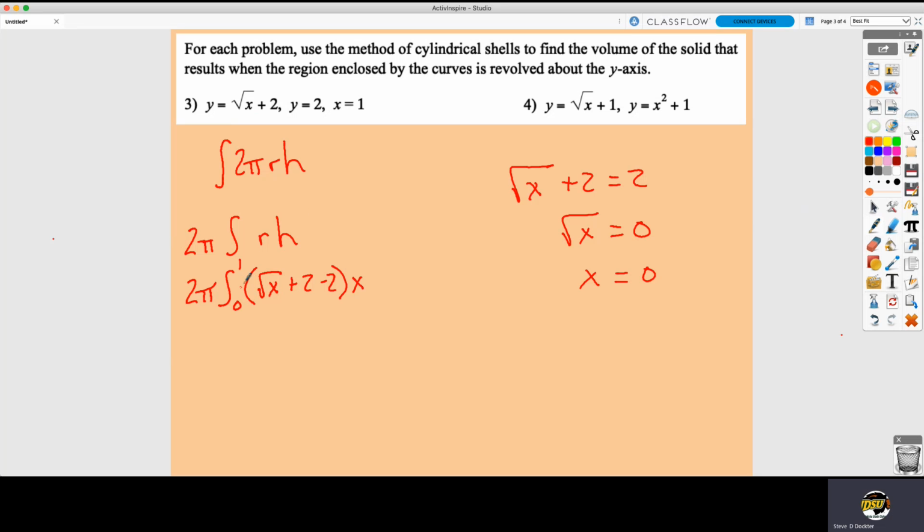Okay, now when you type this in your calculator, be careful with this. Make sure that you integrate the whole thing. So you might have to put an extra set of parentheses in there. There's no squares involved.